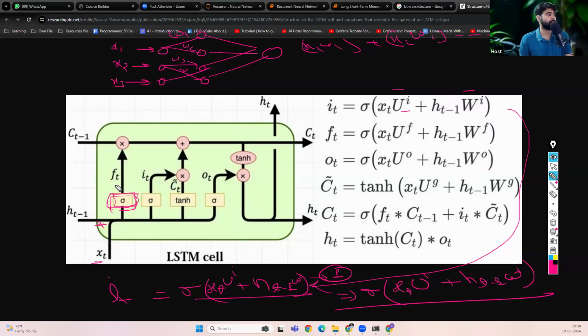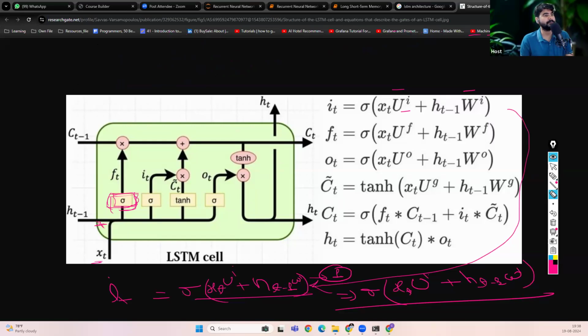Now let's talk about this particular forget gate. So let me remove this here. Now we are talking about the forget gate. Again, summation, it means sigmoid, we are sending x of t and h of t minus 1 to our forget gate.